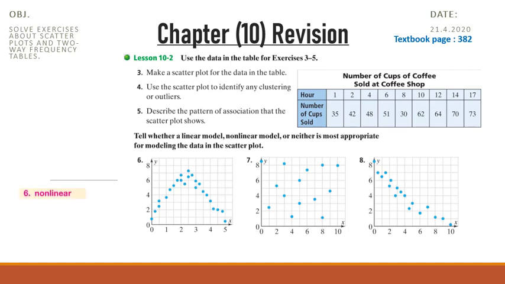Number 7, Ahmed Al-Gannas. Non-linear. Mujtaba, what do you think? Number 7, it's non-linear. Mu'adh, what do you think? It's non-linear.